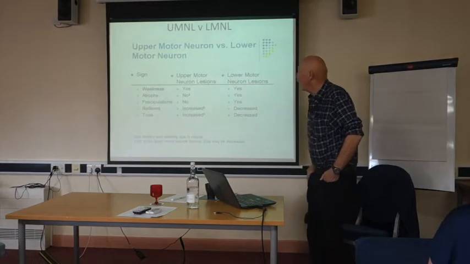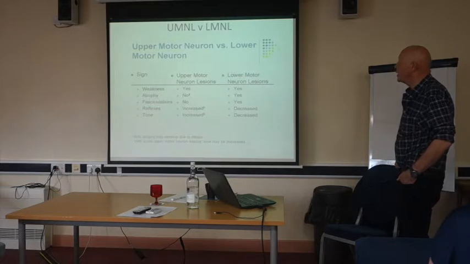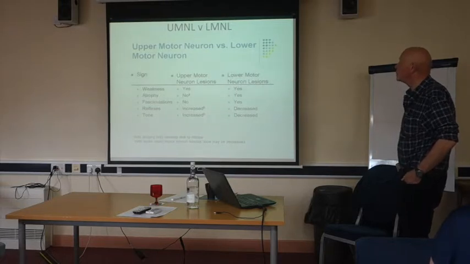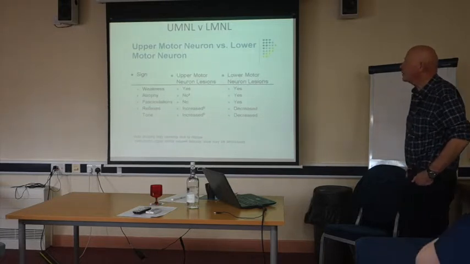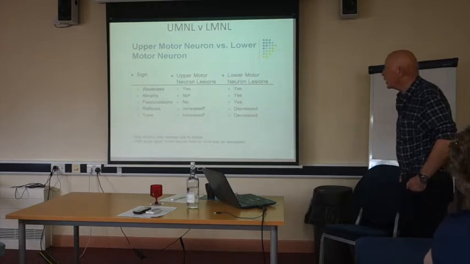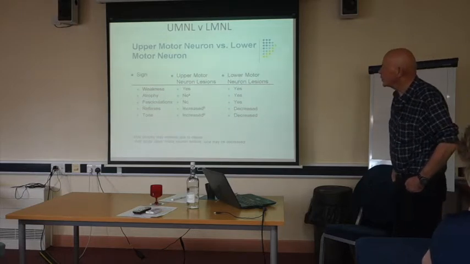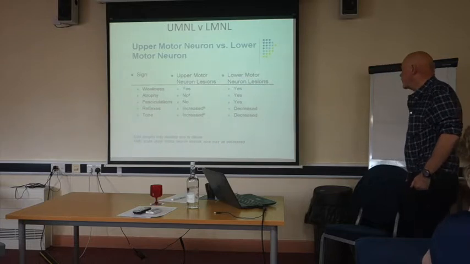Upper motor neuron versus lower. So weakness, you can get it in upper and in lower. Atrophy, that's muscle wasting. You tend not to get it in upper motor neurons, but you do get it in lower motor neurons. Fasciculations, not in upper, yes in lower.